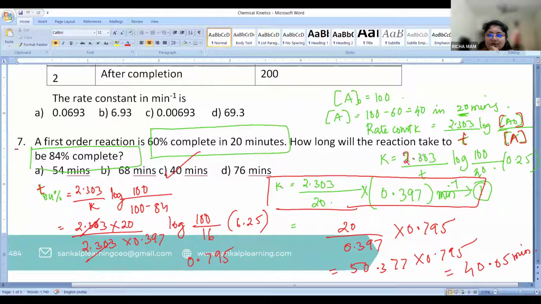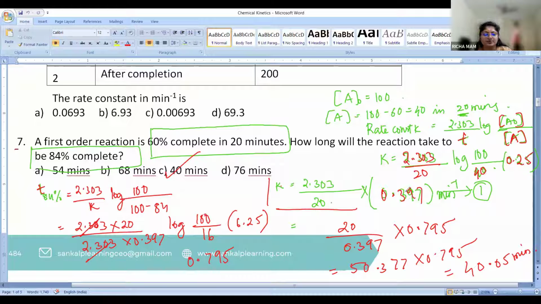T is 20 minutes. So 2.303 by 20 log of initial 100, final 40. So 100 by 40 is 0.25. Find the log of 0.25, that is 0.397.